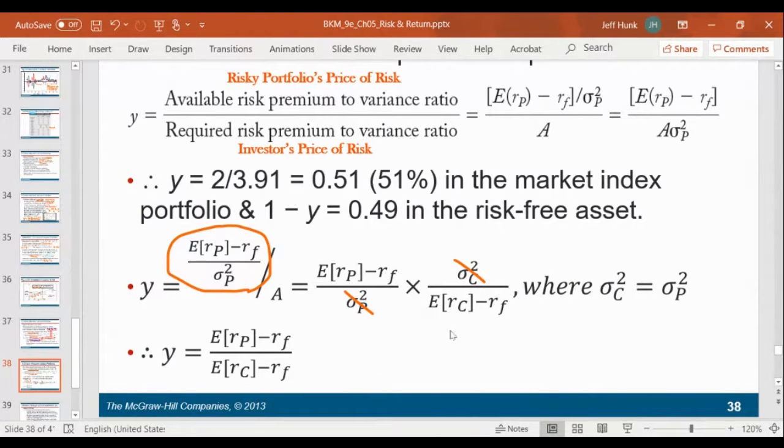And then it is divided by, so it is the same thing as multiplying by 1 over A. A is what? Complete portfolio's A. Price of risk is this over this. You're dividing it, so reciprocal.